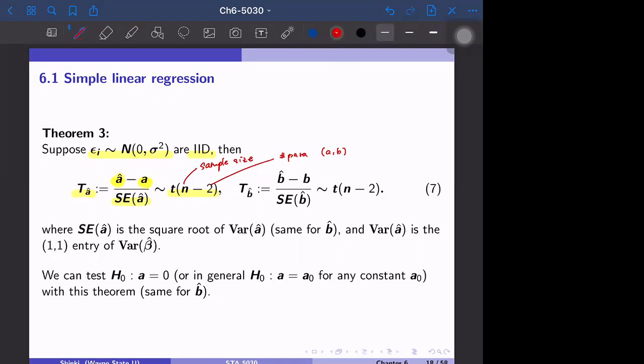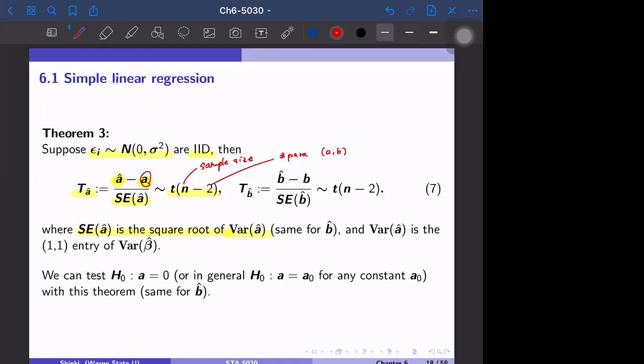You have seen that the variance of A hat is the 1-1 entry of the variance of beta hat, and we take the square root. If T sub A hat is very large or very small, I mean a very large negative number, then it's unusual, so we reject the hypothesis that the true parameter is A.